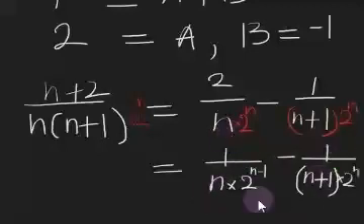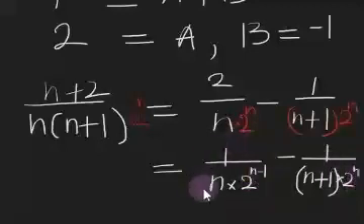This is your first term, right? Look at this: if you replace n with n plus 1 in this term, what do you get? You get this term here, right? So this becomes n plus 1, and 2 to the power n minus 1 becomes 2 to the power n.